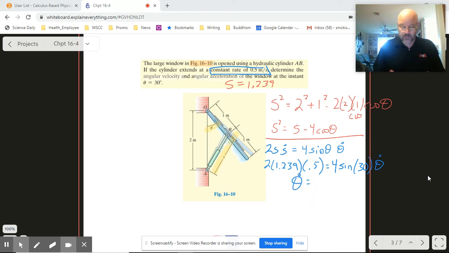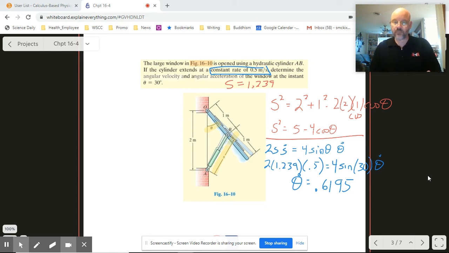Theta dot is going to be 2 times 1.239 times 0.5, divide that all by 4 sine of 30. Okay, so I get 0.6195 for that value.